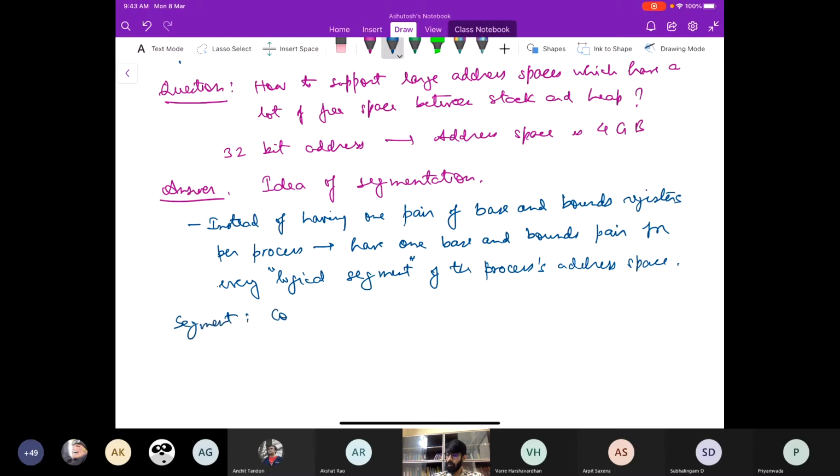Segment is just a contiguous portion of some particular length.